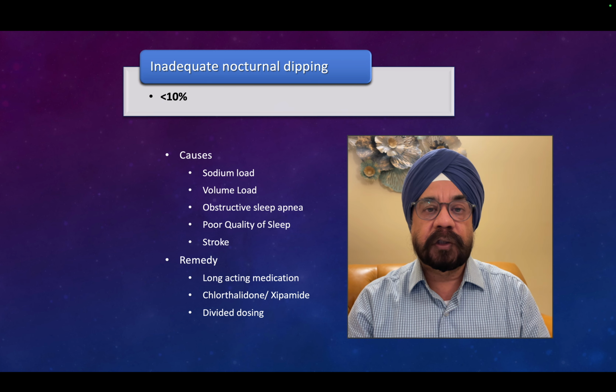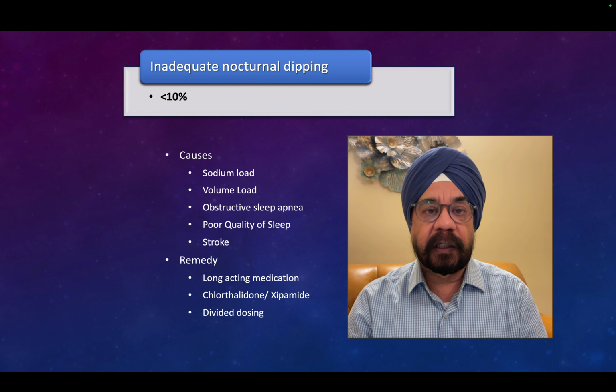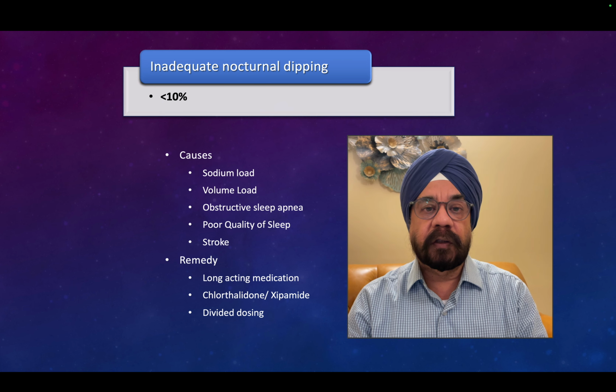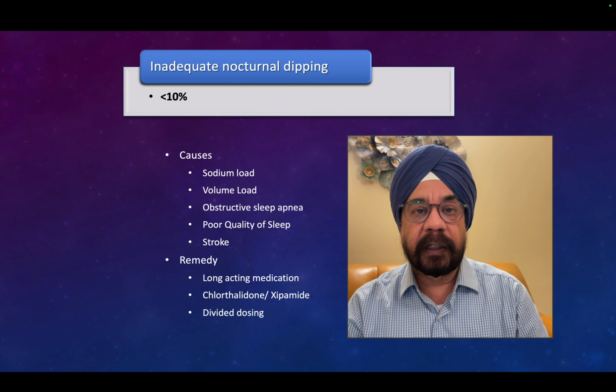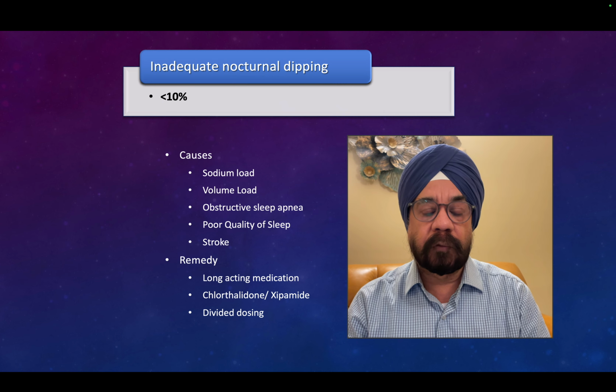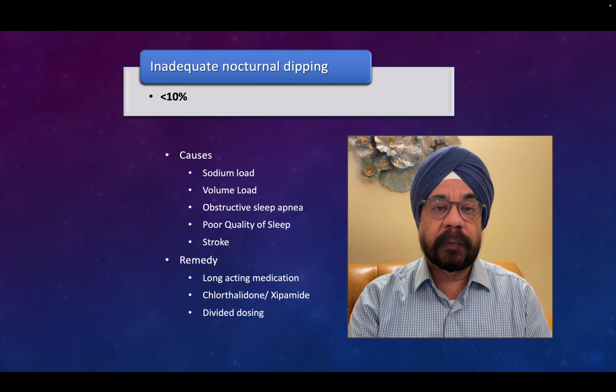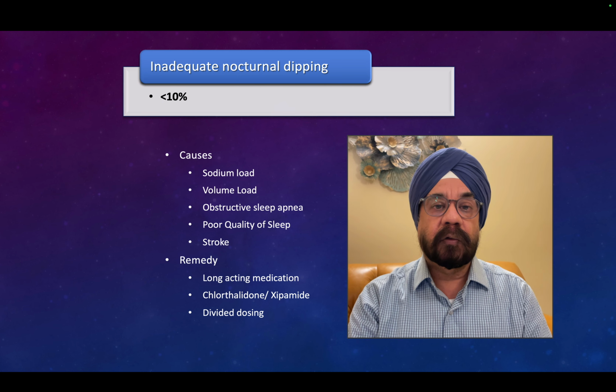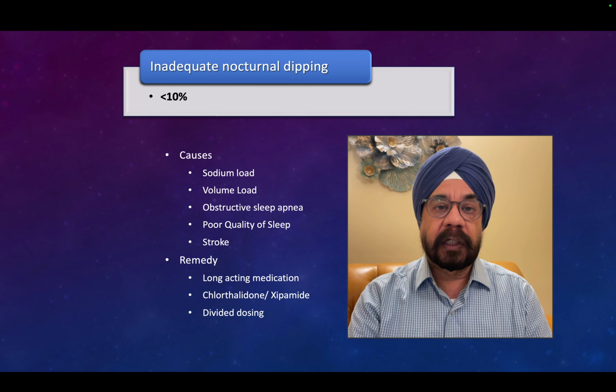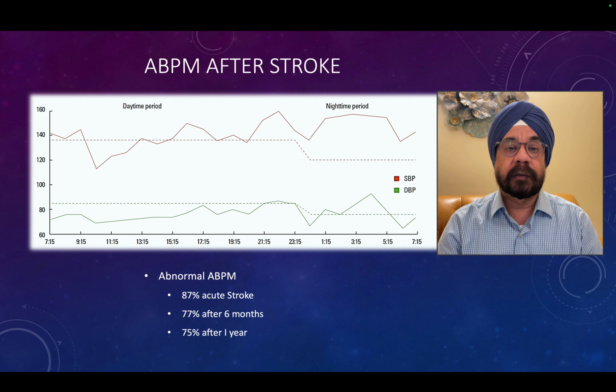To excrete more sodium, the kidney would increase the blood pressure to increase the GFR, and only then can the kidney excrete that excess sodium. So nocturnal dosing is another method, but a long-acting diuretic, chlorthalidone or indapamide extended release, are the best drugs for that matter. Stroke.